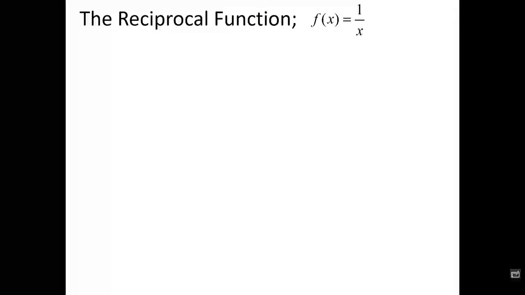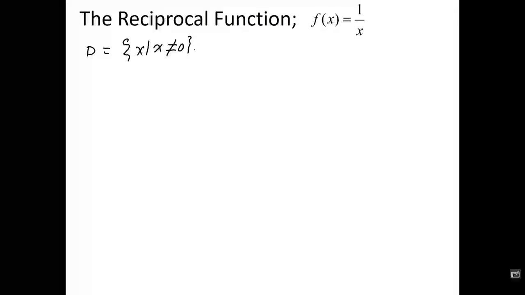Now, let's consider the reciprocal function, which is defined as f of x is equal to 1 over x. And since it is a rational function, we clearly see that the domain is going to be the set of all real numbers x, except when x is equal to 0. All right, so that would describe the domain of this reciprocal function.